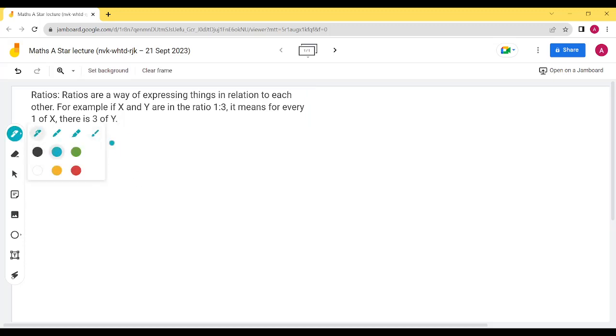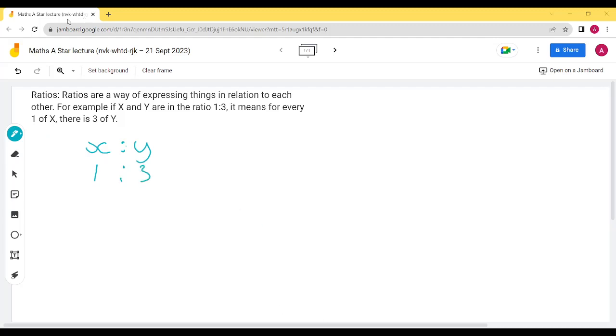Normally you'd see ratios written out like this: x to y, 1 to 3.